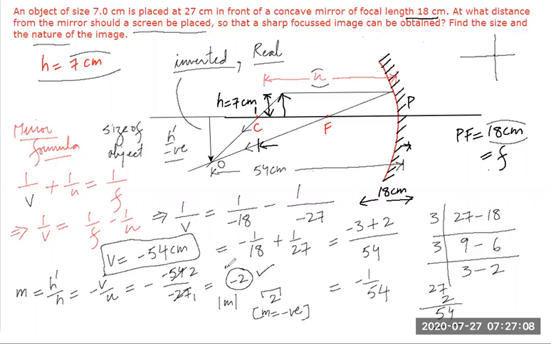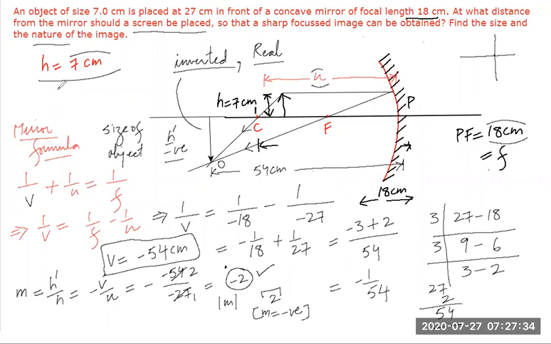The object and image are opposite in direction. If the object is down, image will be up. Remember that. If the object is up, then the image will be down. Minus sign shows that. And what does 2 show?